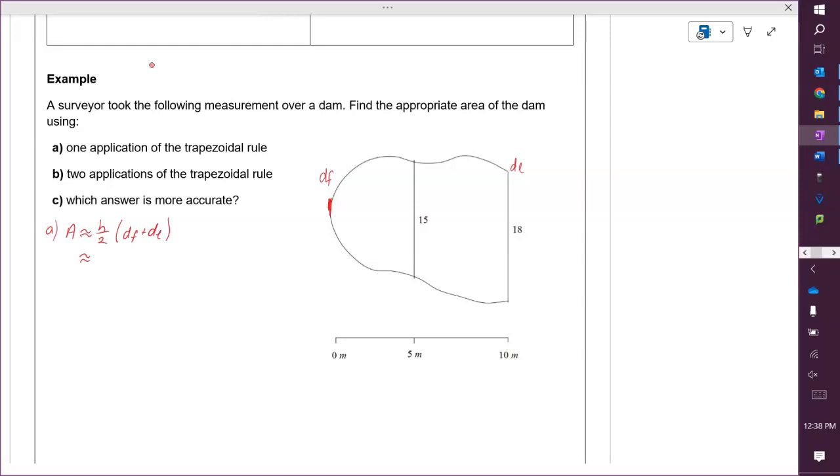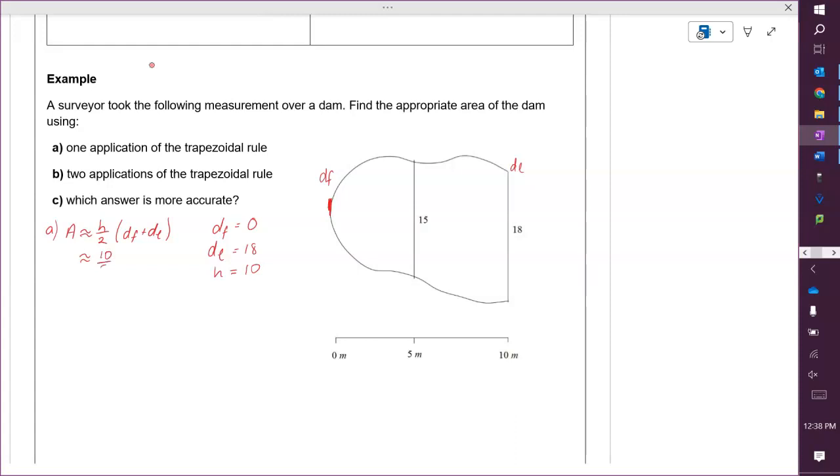So the height is what is the measurement between these two. And if we look at the scale down here, I have that. So you can say that df is 0, where I start at 0. dl is where I'm ending, and it's the height of that there, so that's 18. And then I've got h, which is the scale, being 10.